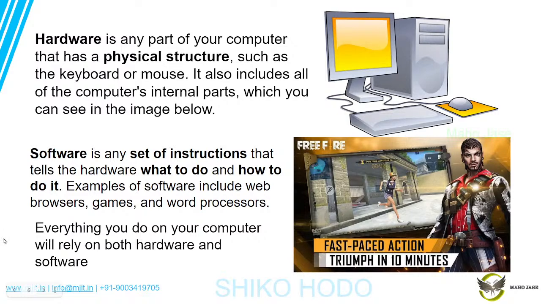So everything you can do in your computer relies on both hardware and software. If you compare, the upper one is the hardware and the lower part is the software. Think that you have a system but it doesn't have software, then that is useless. Think that you have software but you don't have hardware or a system, that is also completely useless.